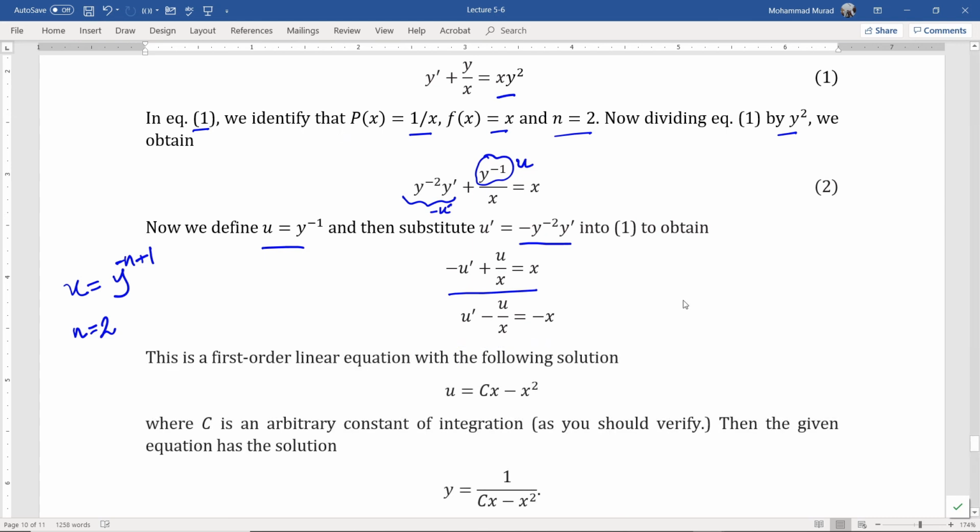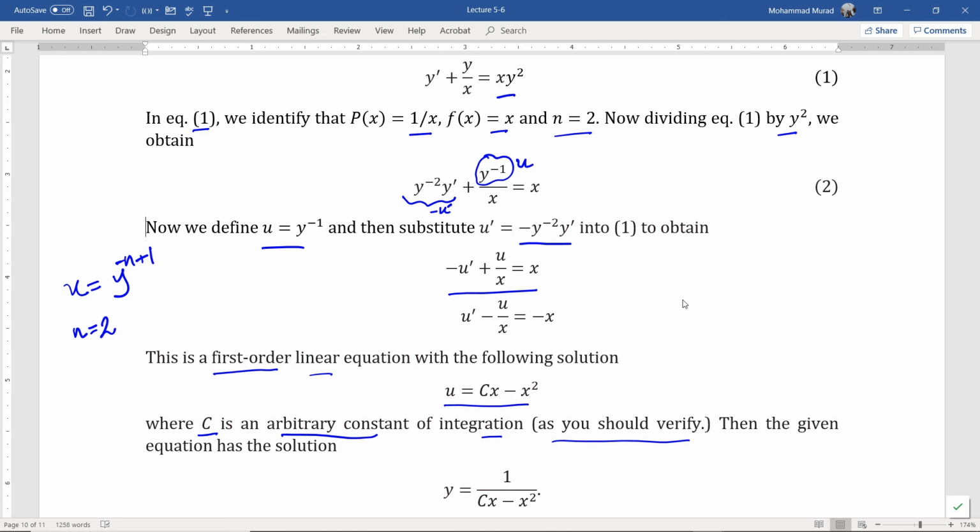Now we observe that this is a first-order linear ordinary differential equation in the variable u, which has the following solution: u equals c times x minus x squared, where c is an arbitrary constant of integration, as you should verify.